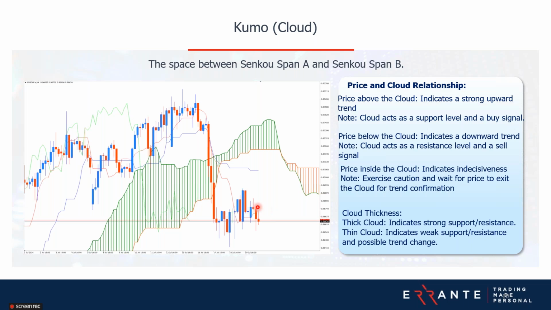As you see, this is projected forward 26 periods, so you can consider these zones as strong market key levels, and you can expect a reaction if the price hits these levels in the future.